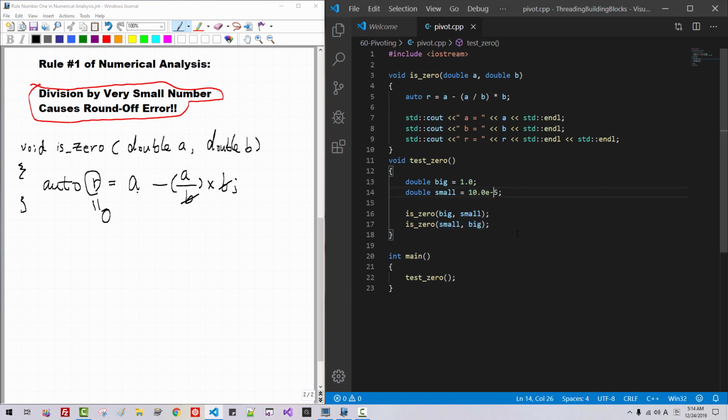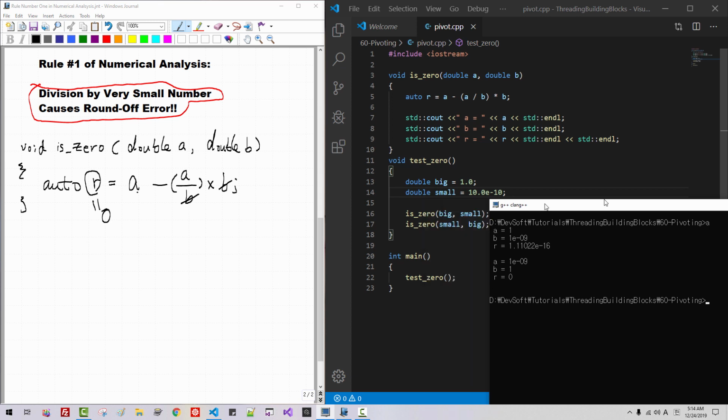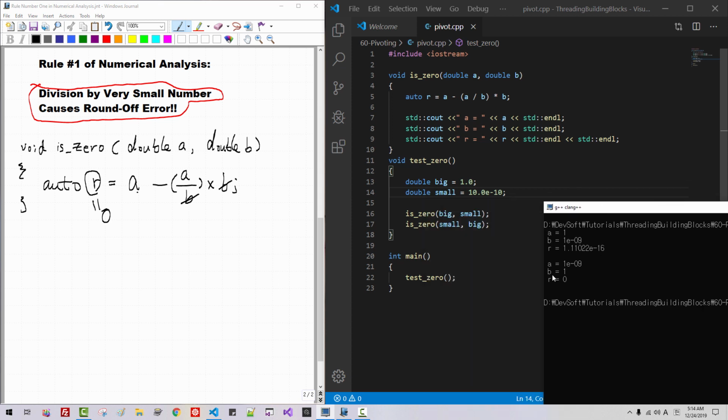Now I decrease this number by 10. I build again, cls. Now the result is different. So when B is 1, the remainder R is 0. This is correct. When B is a very small number, this result is wrong. It is not 0.